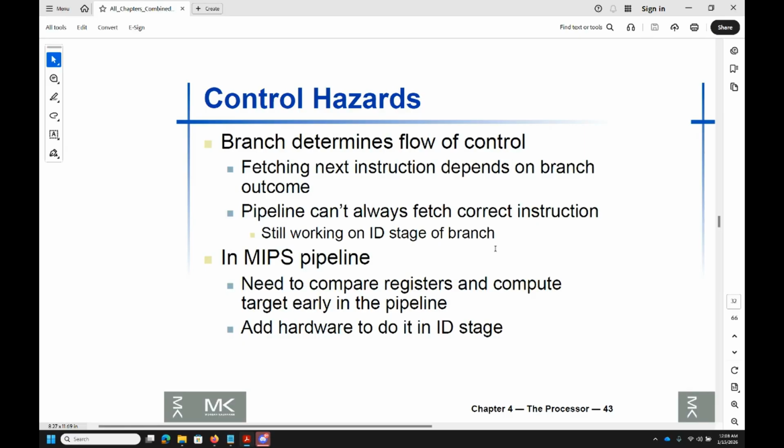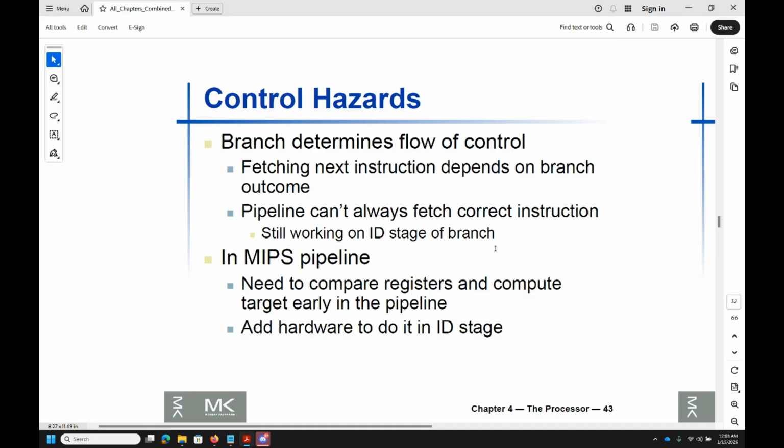Now, control hazards are a very special kind of hazard, and they are the source of a lot of vulnerabilities and a lot of complexity in processors. The problem is that branch instructions determine the flow of control. Let's say you have a for loop running 1000 times.